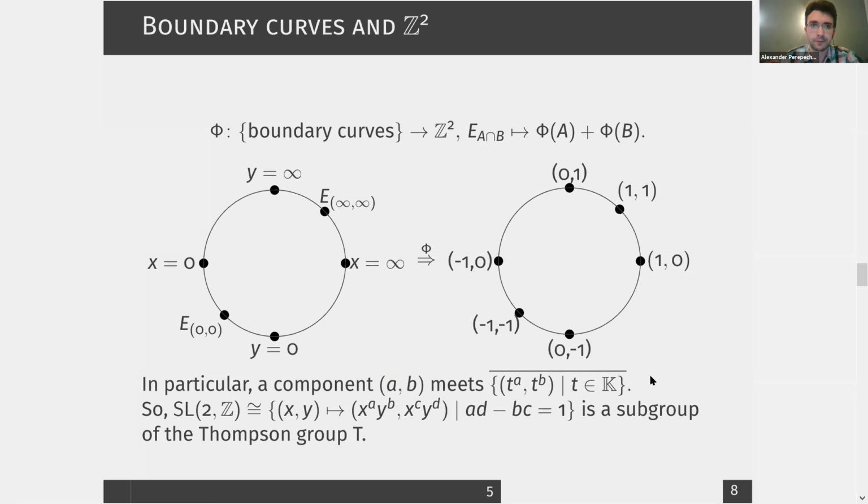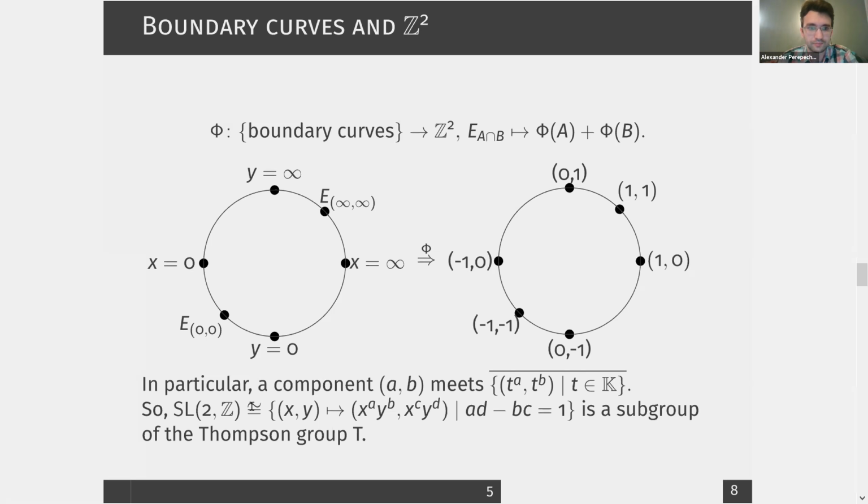That's why when you act by automorphisms of the torus, the initial boundary curves go to some curves on the unit circle. Maybe you have to blow up a lot for that.